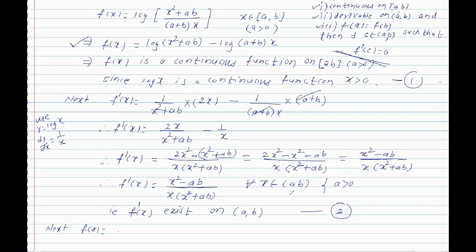We get log of a square plus a into b minus log of a plus b into a, that is log of a square plus a into b minus log of a square plus a into b. So the difference is 0.